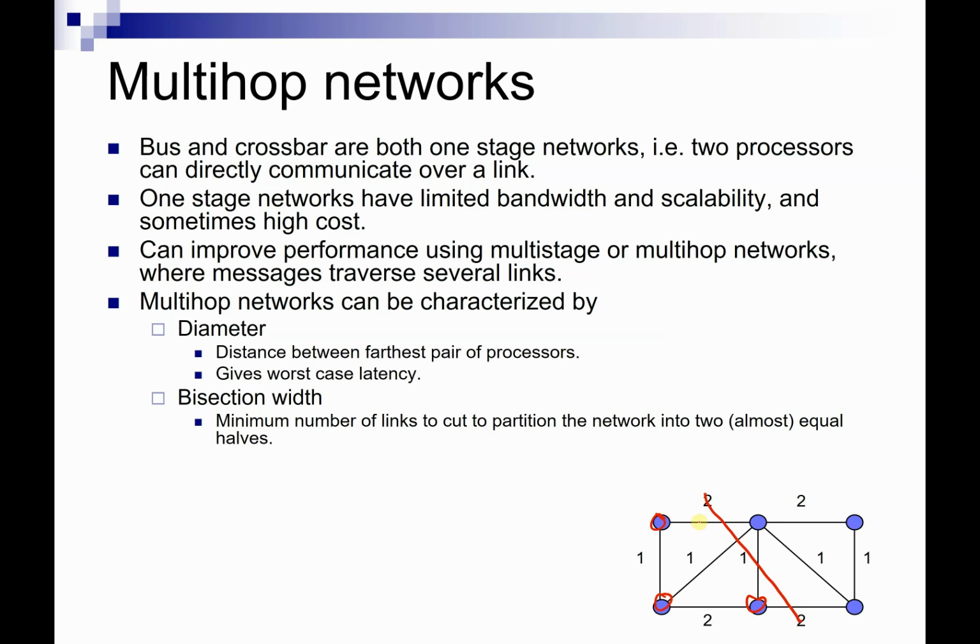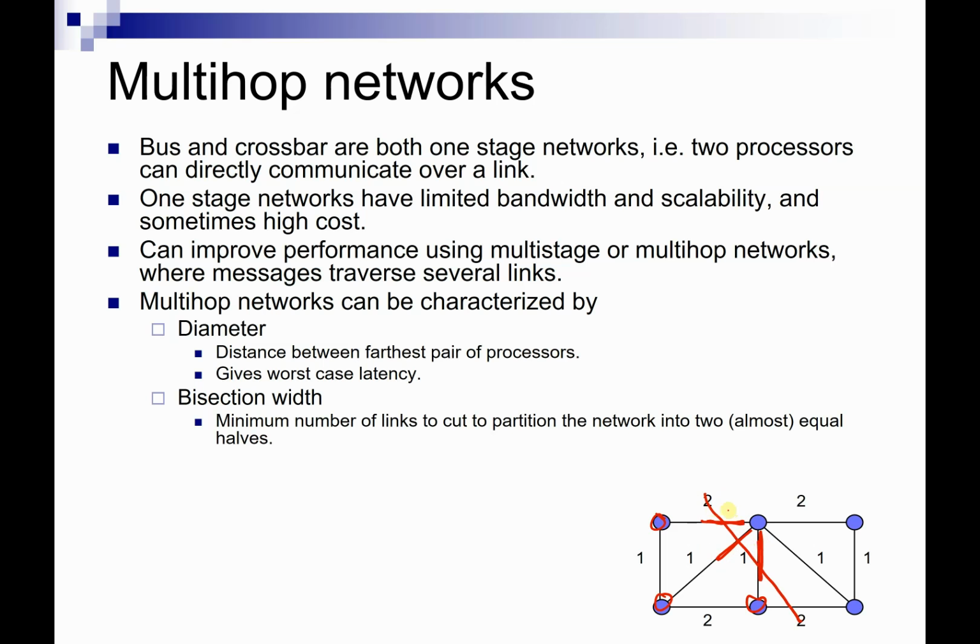Now, the maximum amount of communication that these 2 halves can do with each other is basically going to be equal to the sum of the capacities on the edges that are cut. Here we have a bunch of communication links, each of them, let's say, has a capacity, which can be different.